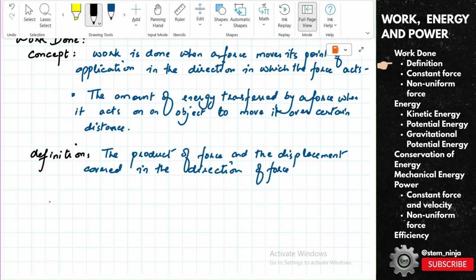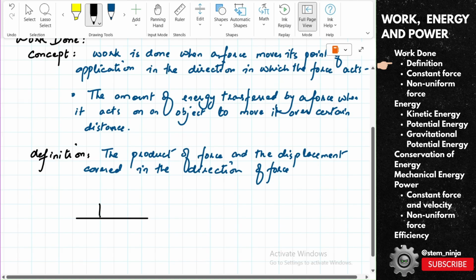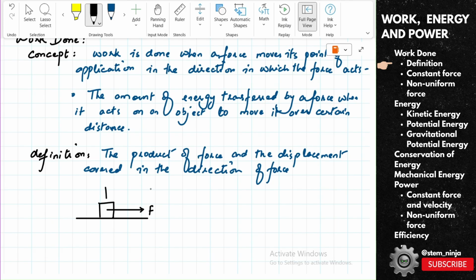Furthermore, if we talk about the mathematical description, the formula, let's say we have an object and the force is going in this direction F, and this is the positive direction of the displacement.